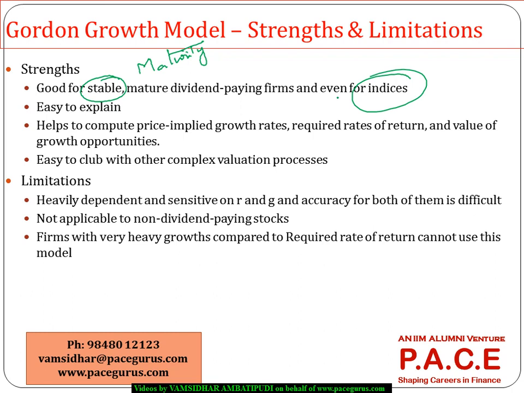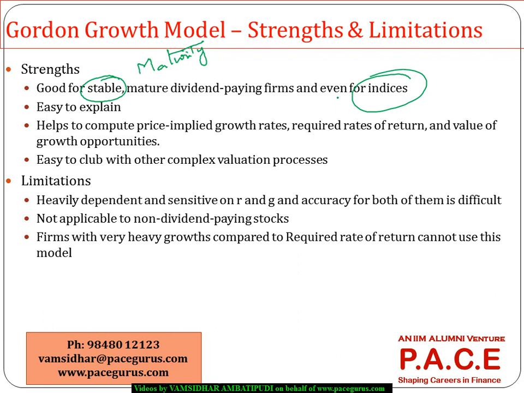We can use the dividend discounting model because from that stage onwards I see that the company is going to grow at a constant rate of dividend forever. So it is easy to explain, and it can be clubbed with other valuations. We'll see from the next slide onwards, probably a 2-stage model, 3-stage model. Towards the end, all these models are using the Gordon growth model only internally.